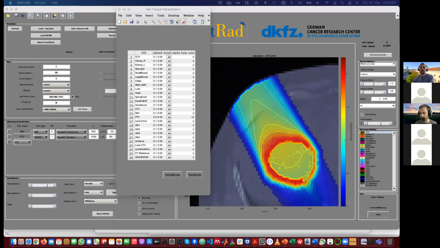On the second day, Niklas continued presenting some basics about photon and proton treatment planning. Yesterday, we had a look at uncertainties. And today we covered the aspect of biological treatment planning. The recordings of these lectures will also be uploaded to Indico. You can watch them in case you're interested.